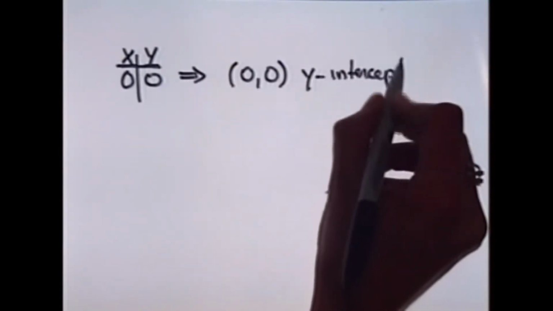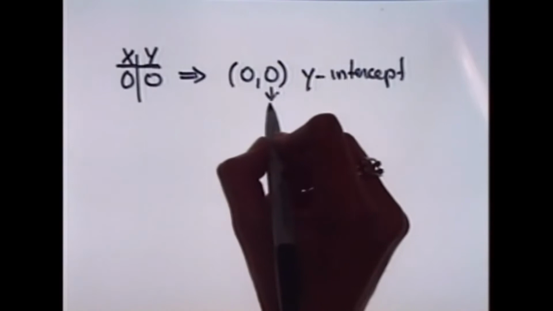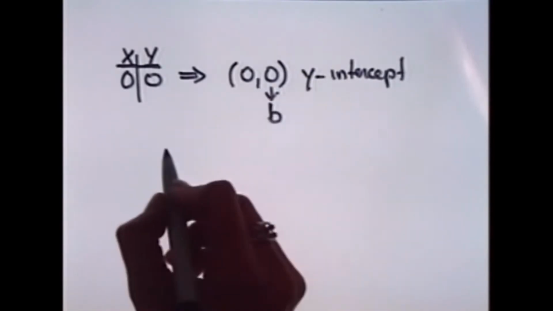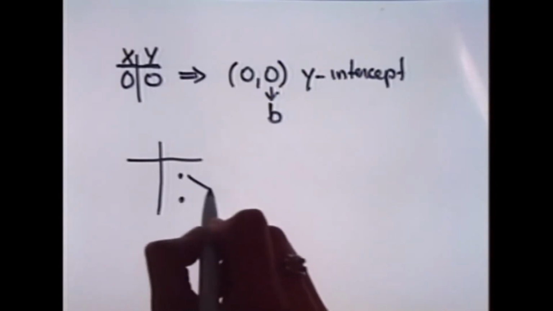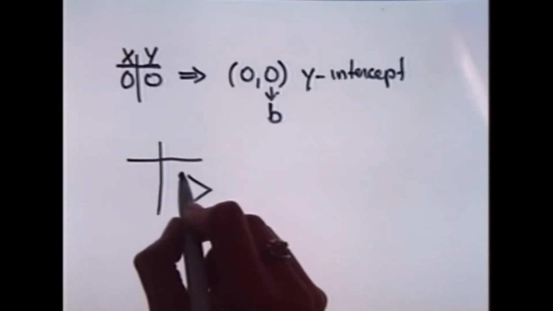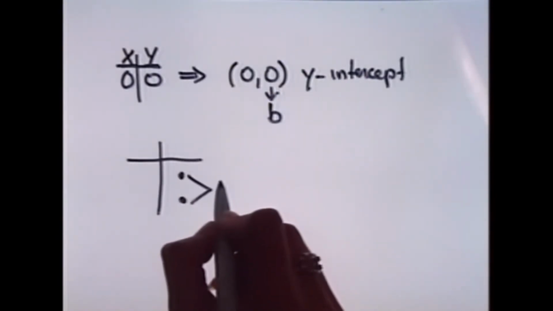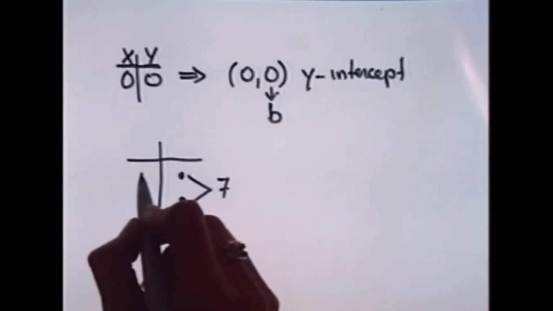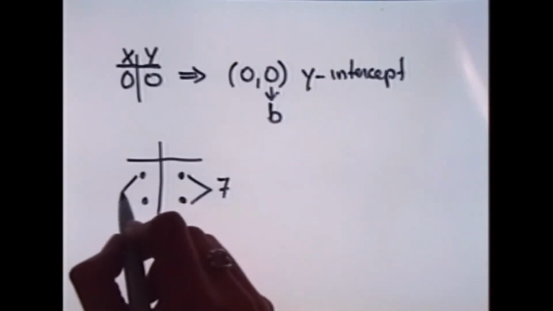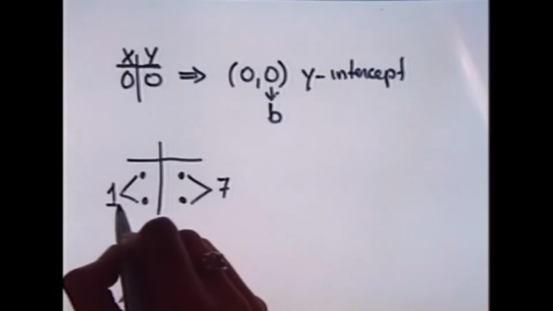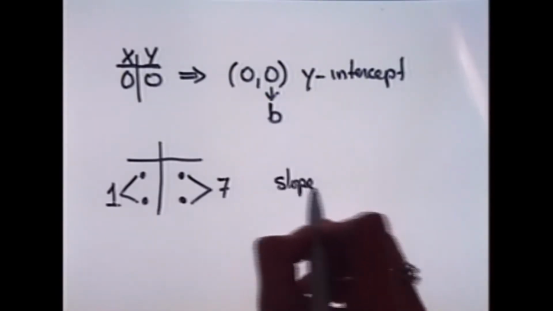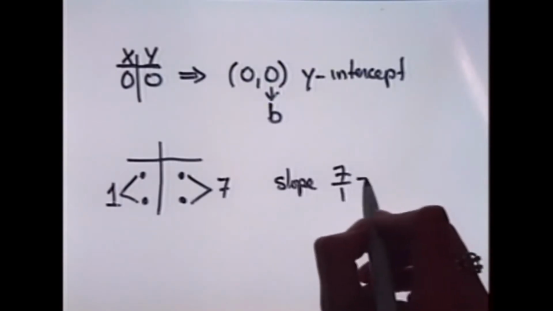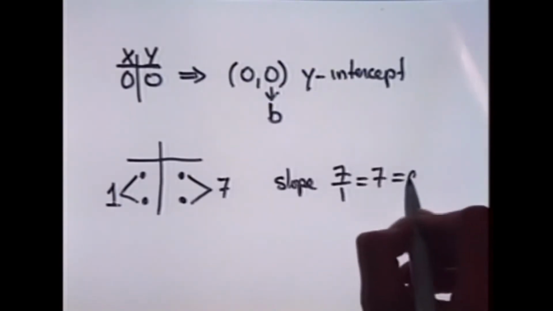But we know that the y-intercept means that we've got the b value. Also, we saw in the table that whenever two consecutive points on the output column had a change of 7, the corresponding points in the input column had a change of 1. So our ratio, which was our slope, was 7 to 1, which is 7. But that's our a value.